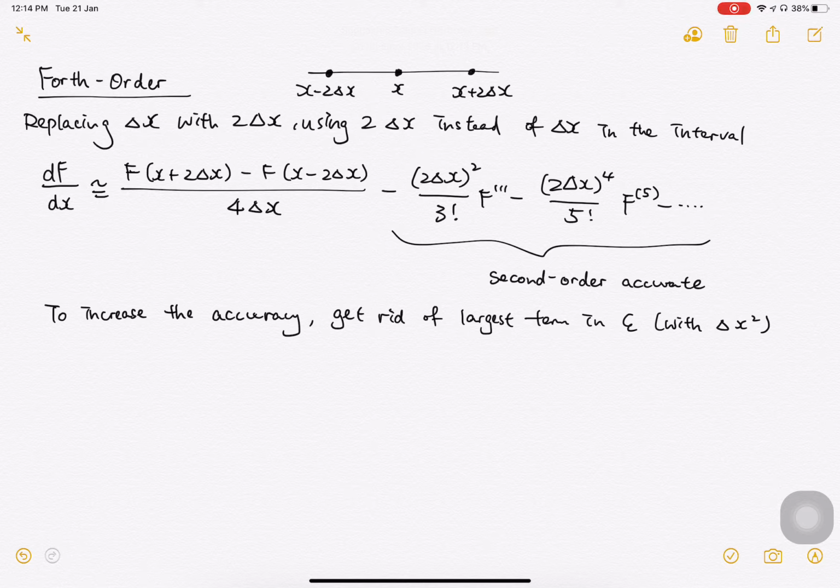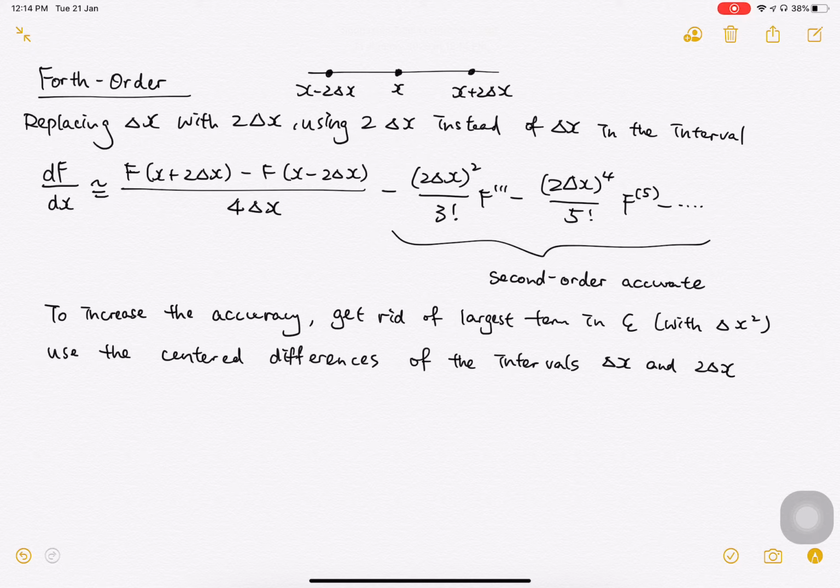Second order, so delta x squared. You want to get rid of this and then increase the accuracy. We use the center differences of the intervals delta x and 2 delta x.